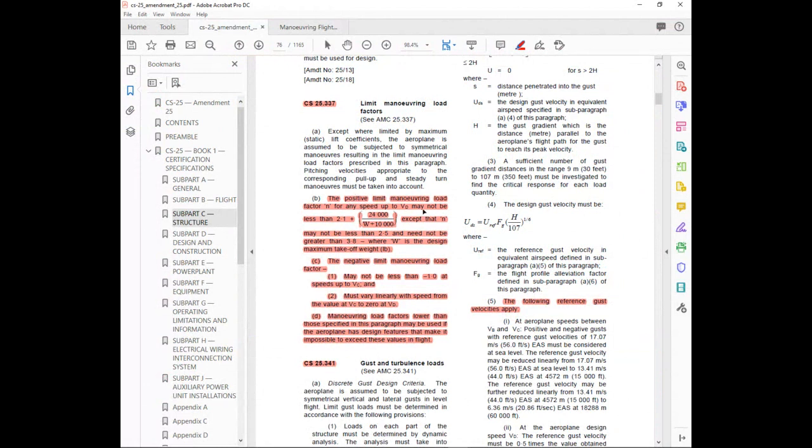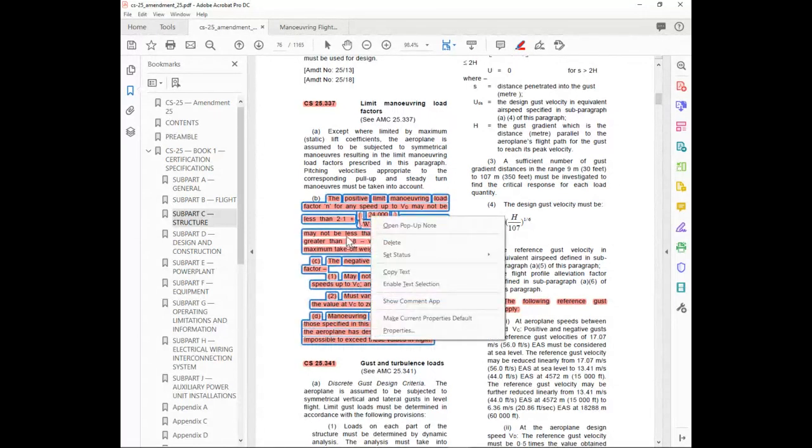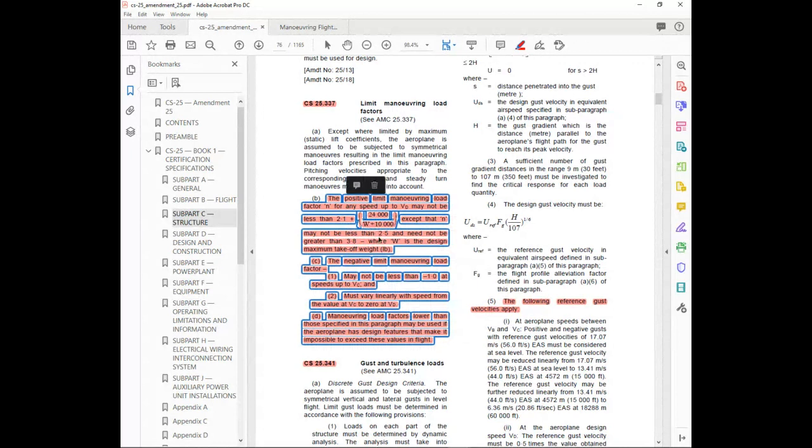For example, the positive limit maneuvering load factor n for any speed up to VD, and we will talk about VD later on, VD is your dive speed, may not be less than 2.1 plus 24,000 over W plus 10,000, where W is your aircraft weight, in pounds.